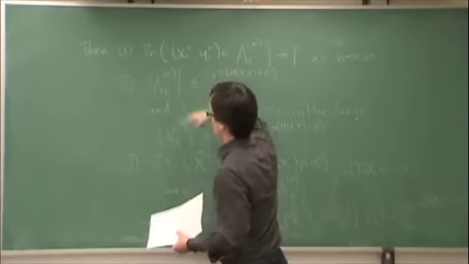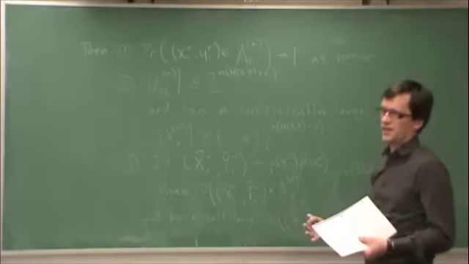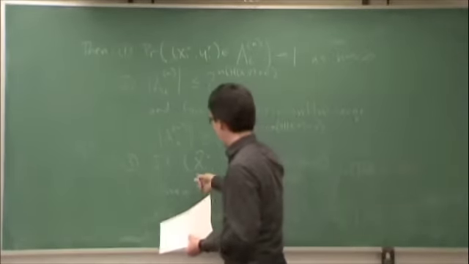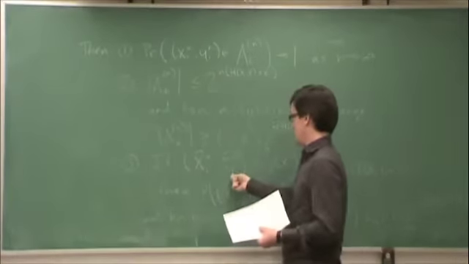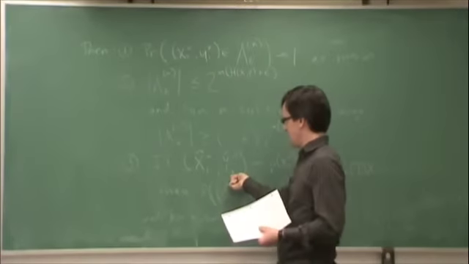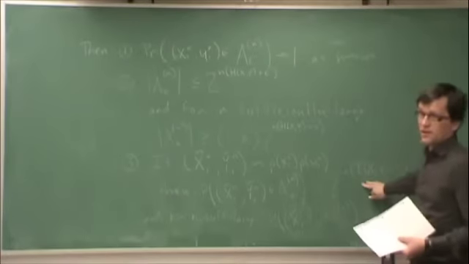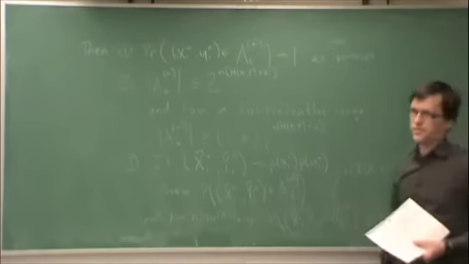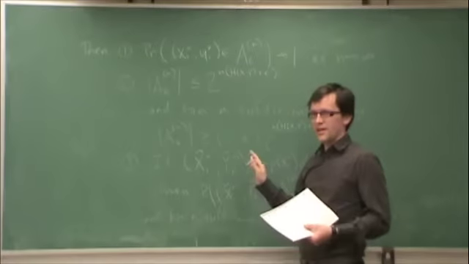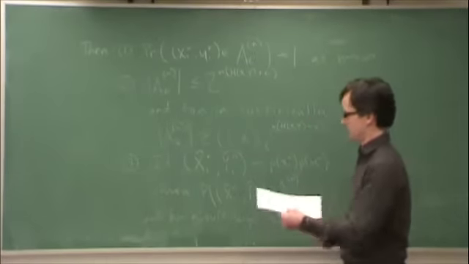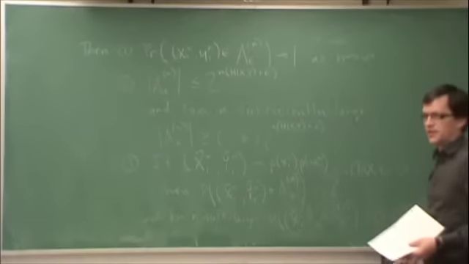So if there's a code word that I could send but doesn't correspond to my existing message, the probability that that code word, which is selected randomly, is jointly typical with what I received, even though that's not what I sent, so these are independent, is roughly 2 to the minus n times the mutual information. So that'll put an upper limit on how many code words I can have in my code book. But we'll see exactly how that works later. For now, it's important to just notice that here's the first time that mutual information actually comes up.